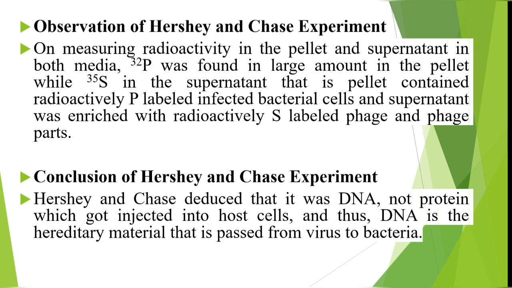In the supernatant, there are proteins and other phage debris, because the outer capsule of the phage contains protein, and that protein contains S35. So the conclusion of the Hershey-Chase experiment was that it was DNA, not protein, which got injected into the host, and thus DNA is the hereditary material that is passed from virus to bacteria.